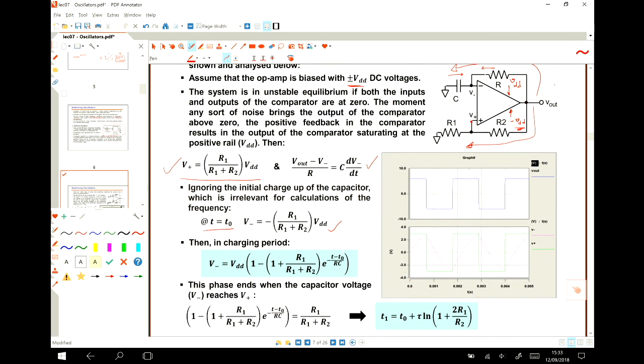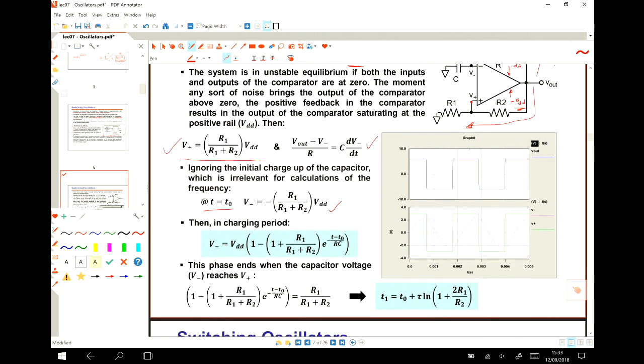And then the output is minus VDD. Then from this equation, if you write down the V minus after T naught, I mean at T naught we assume that the voltage at V minus equals this value, and then the voltage is increasing, or charging, based on this equation.